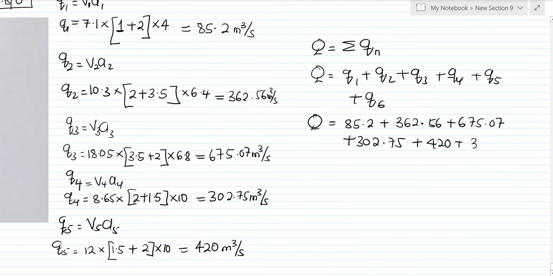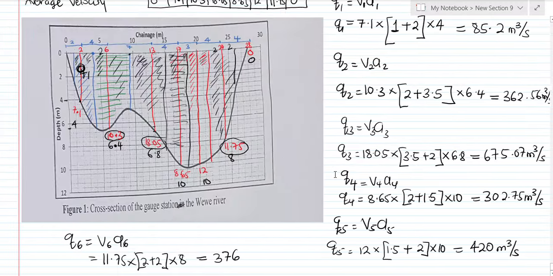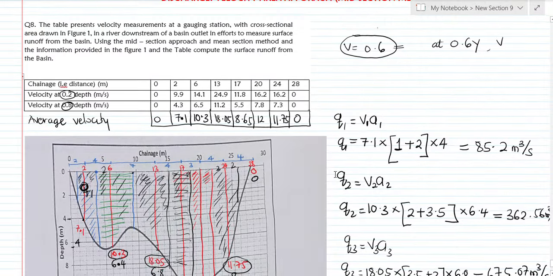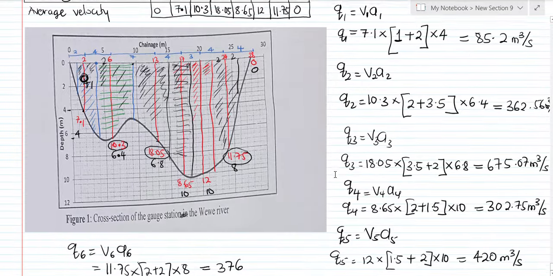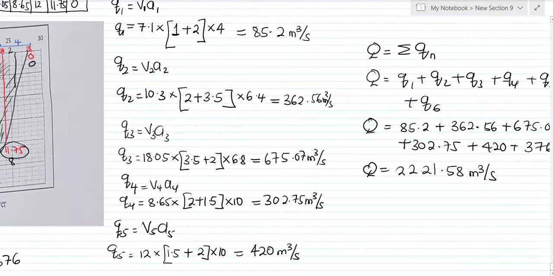And that is going to give us a discharge of 2,221.58 meter cube per second. And that'll be the discharge for the river. As simple as that.